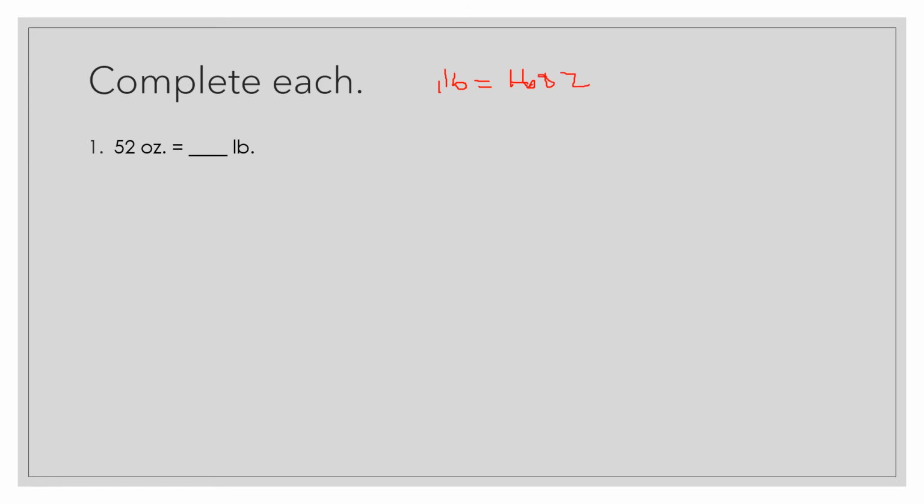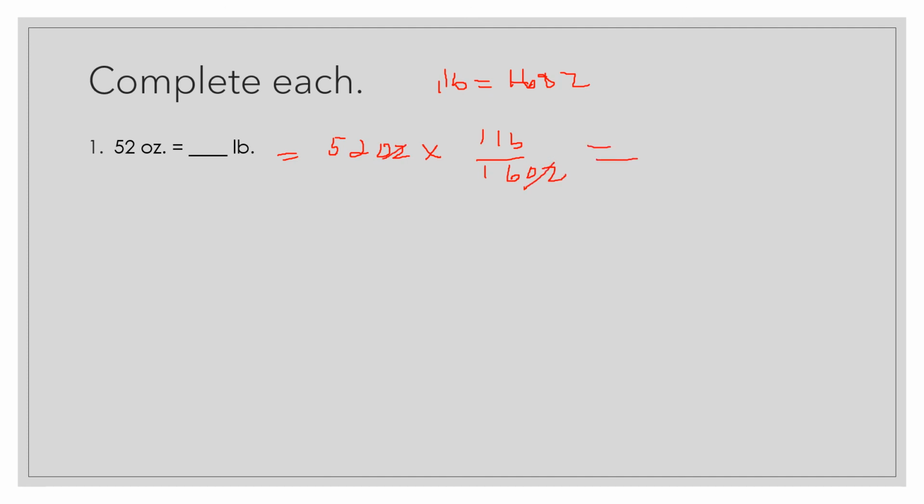So if we are going to solve this, 52 ounces times 1 pound over 16 ounces. So multiply natin yan.